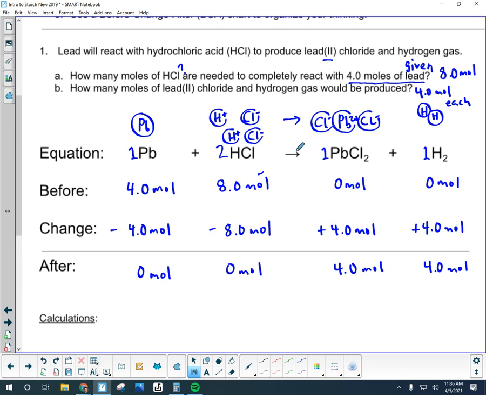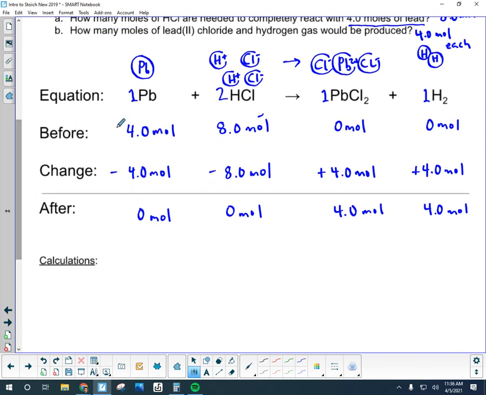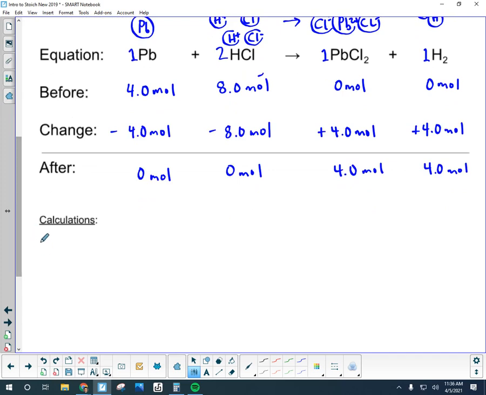And this is a really good review of mole calculations. So what I want to do is figure out, if I have 4 moles of lead, I'm going to jot that down here, 4 moles of lead, what its mass would be in grams. Okay.